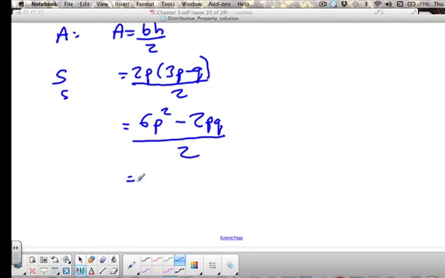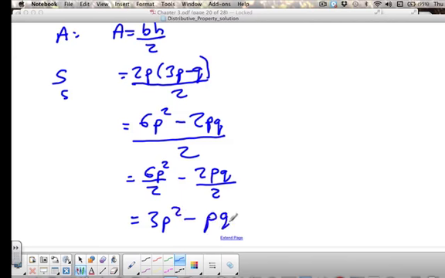Keep in mind we're dividing both terms by 2, so this is 6p squared over 2 subtract 2pq over 2. And this simplifies to 3p squared subtract pq. So this is our expression written as a difference.